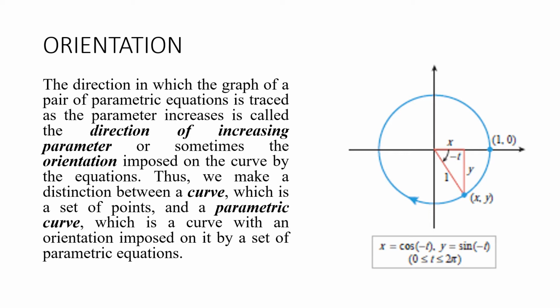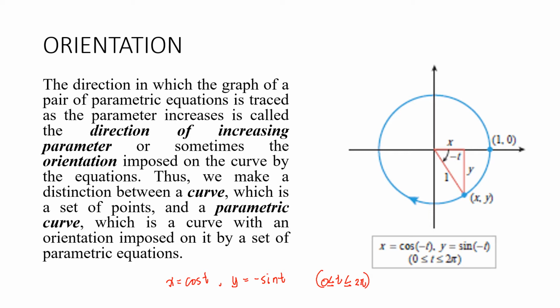This yields x equals cosine t, y equals negative sine t, where t is greater than or equal to 0 but less than or equal to 2 pi.